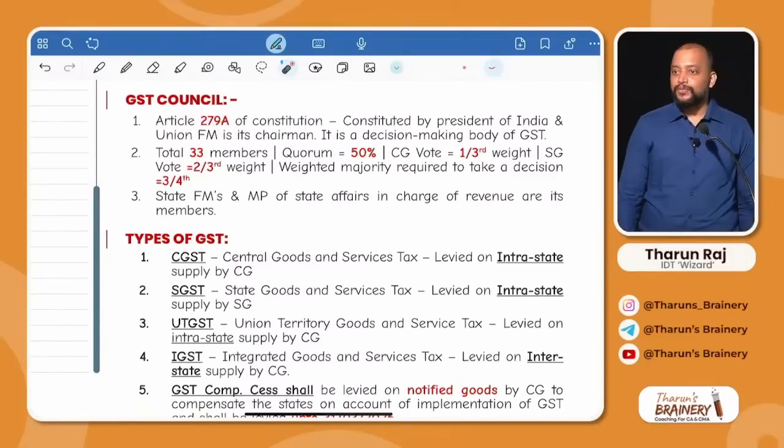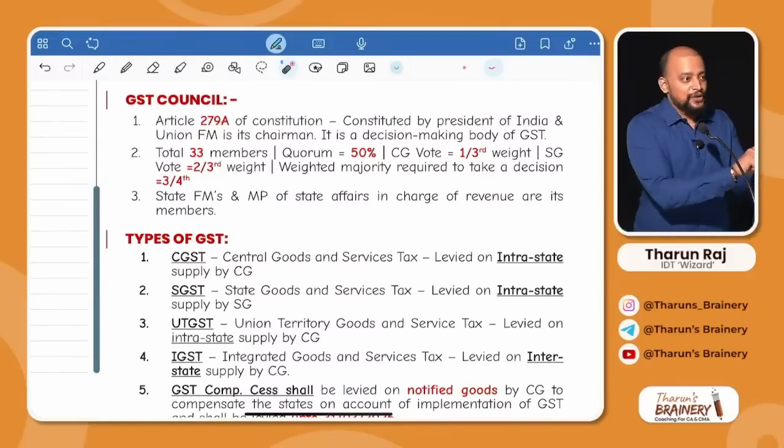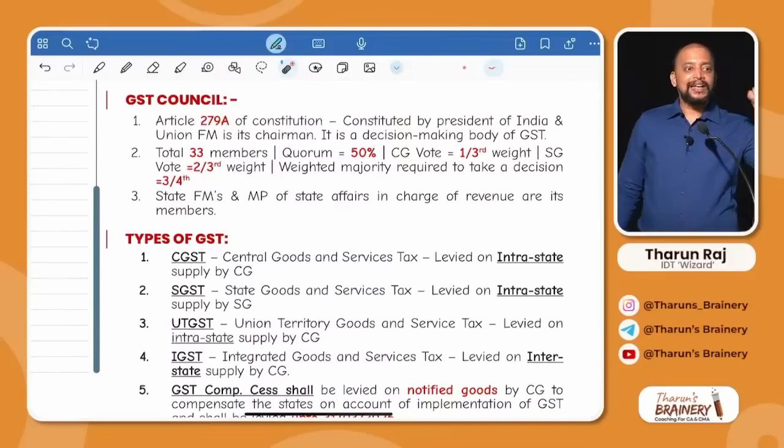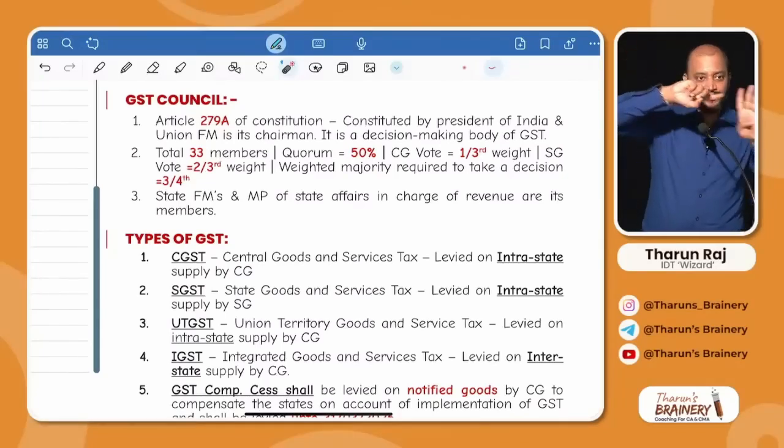Daman, Diu, Dadra, Nagar Haveli. That is one union territory. Next, the remaining 4. Chandigarh, as one person said, is also a union territory without state legislature. Next, Andaman and Nicobar, Lakshadweep.